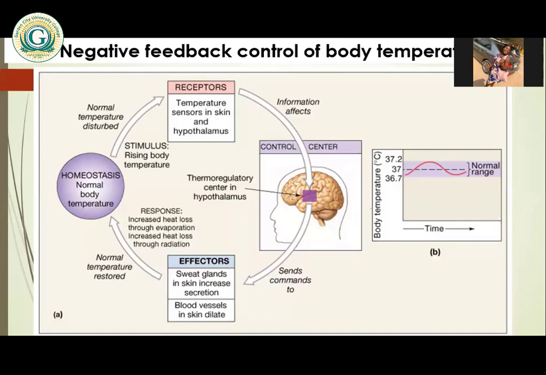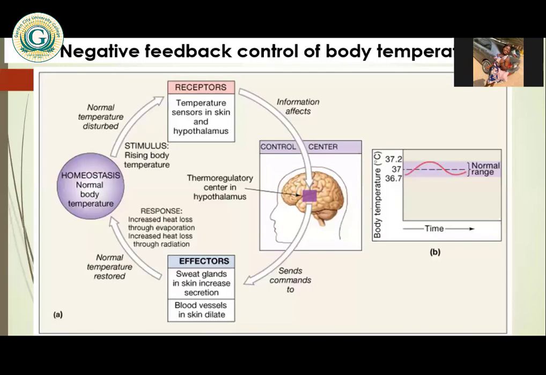Okay, madam. So, as Judith explained earlier, homeostasis, the stimulus now will be the high body temperature. So when there is high body temperature, the receptor will sense the change in body temperature by sending a signal to the hypothalamus. That's the main control center, the brain.